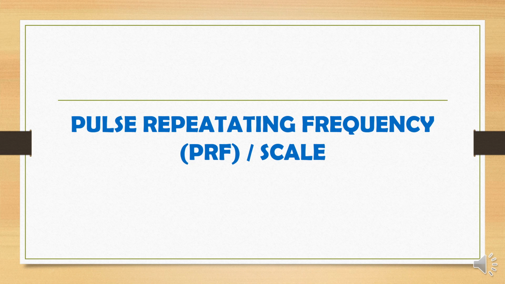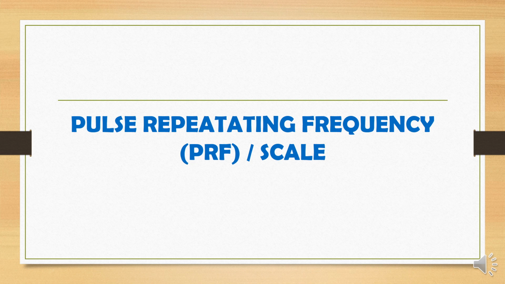Pulse repetition frequency, PRF or scale, is another knob on your machine which should be used according to the vessel you are examining. If you are doing arterial system, suppose you are doing carotid Doppler, then the velocity of the carotid artery is almost 60-70 centimeter per second.